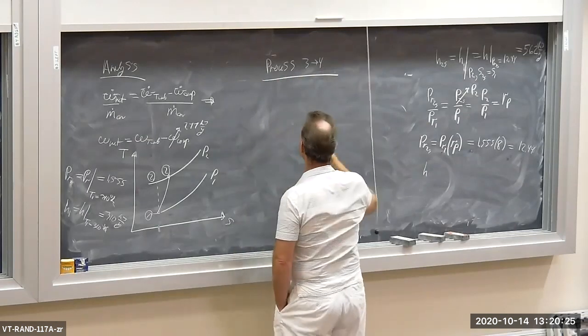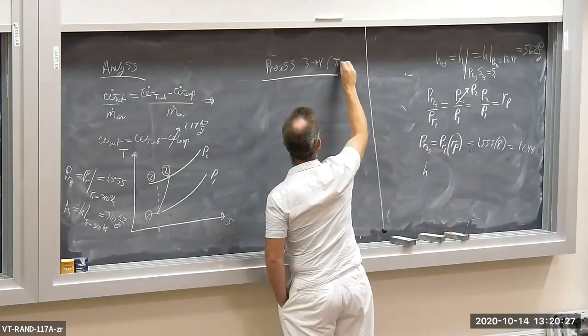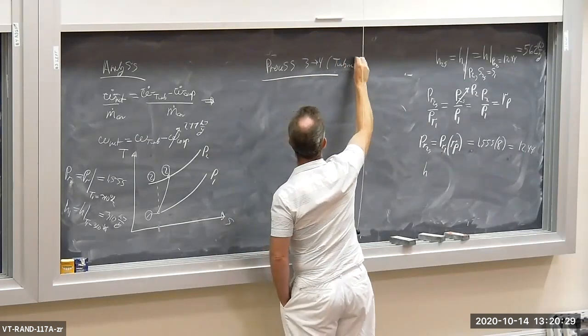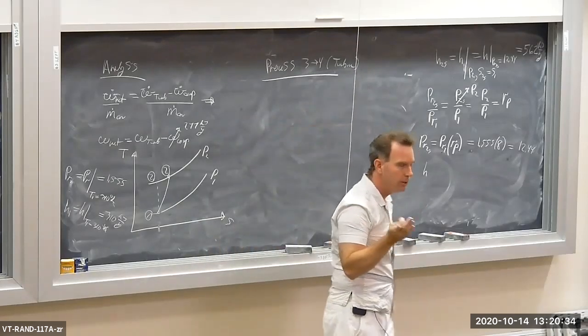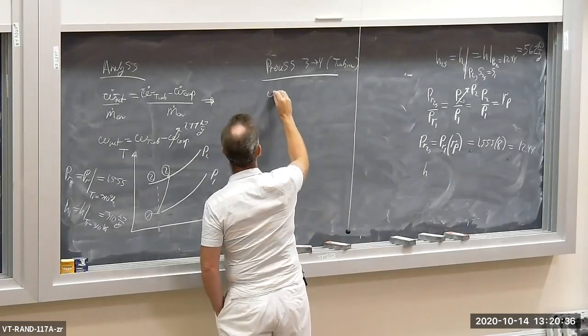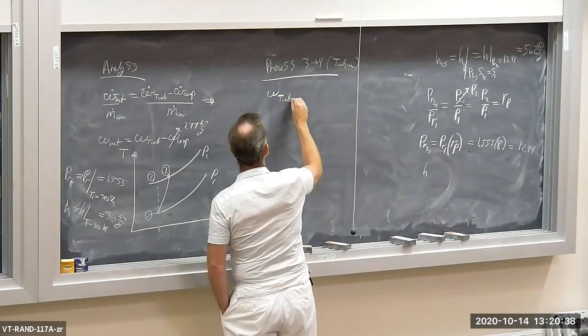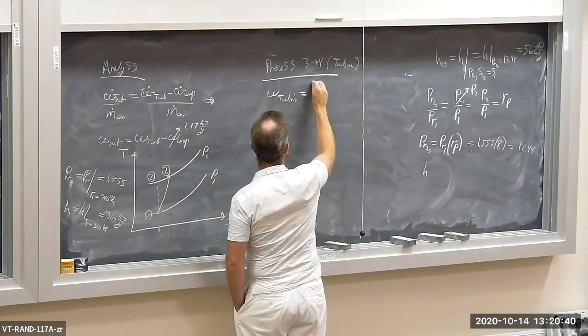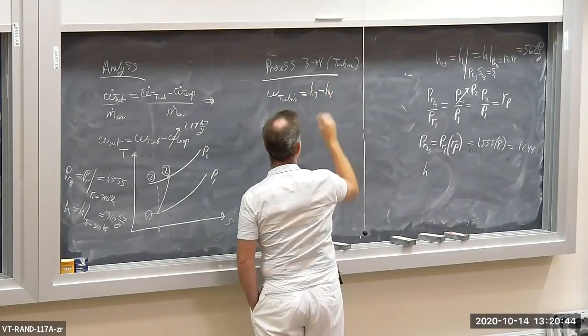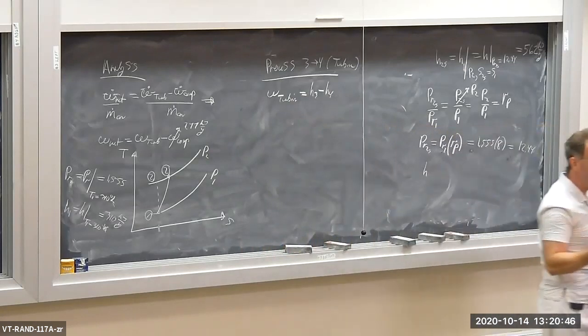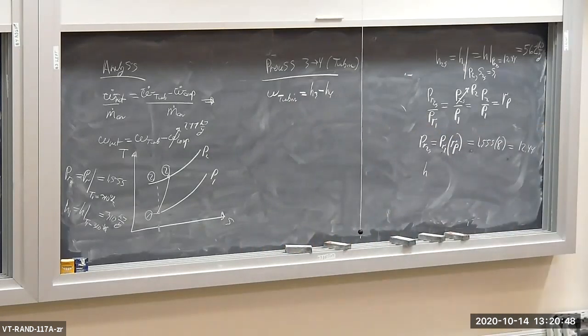This is expansion in the turbine. Again, if I write the energy balance, I get W turbine equals H3 minus H4, assuming no heat transfer, steady state, steady flow, no changes in kinetic and potential energy.